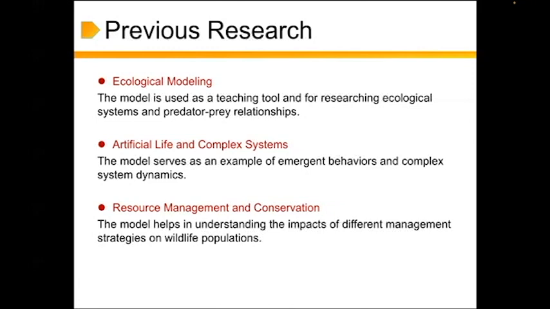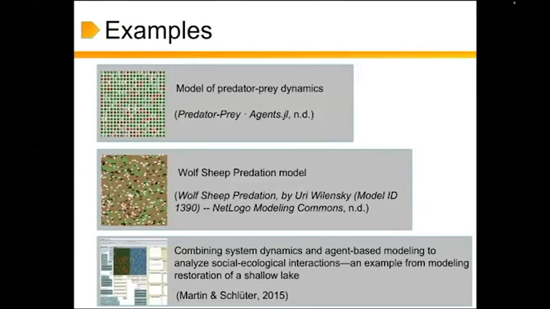The second is that artificial life and complex systems research uses this model as an example of emergent behaviors and complex system dynamics. The third is that renewable resource management and conservation are considered in this model, as it helps in understanding the impact of different management strategies on wildlife populations. And here are some examples.